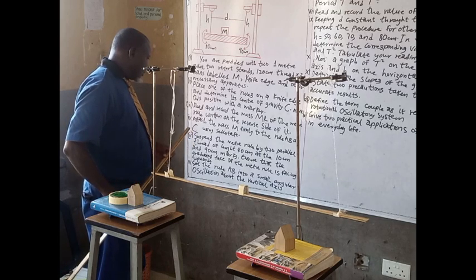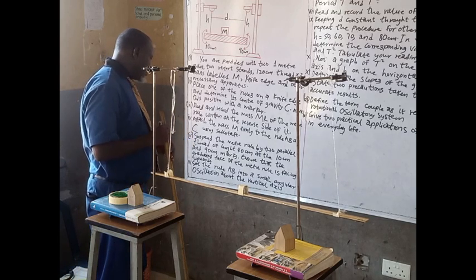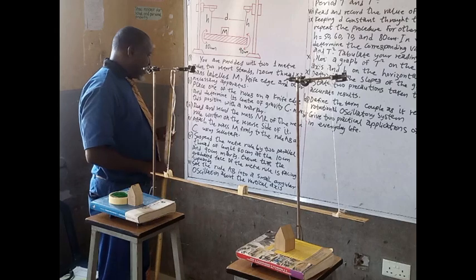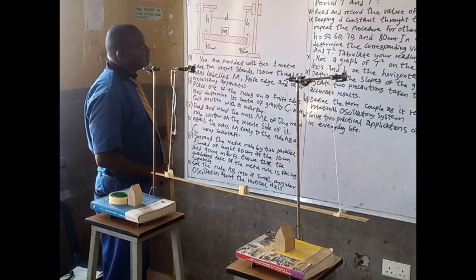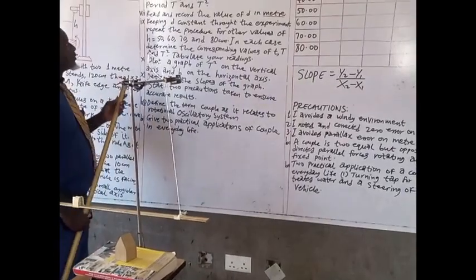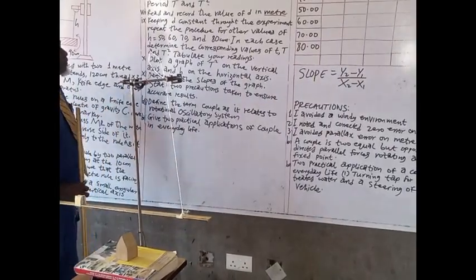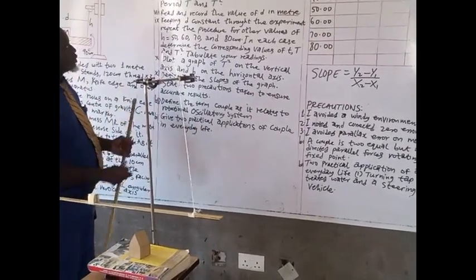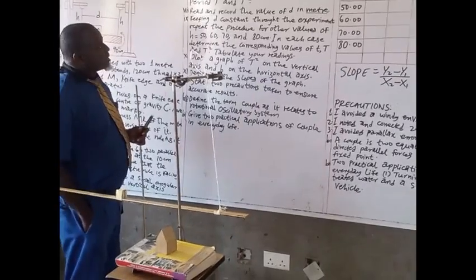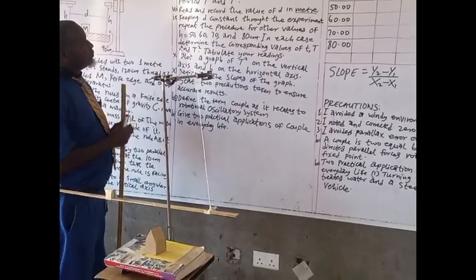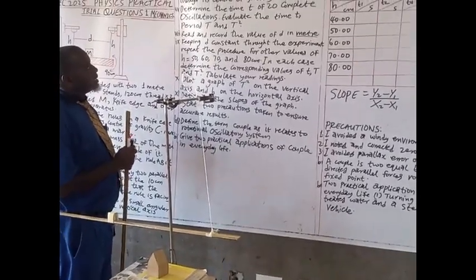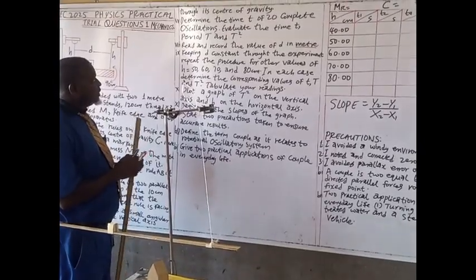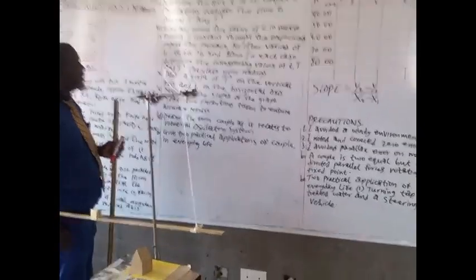6. Set the meter rule AB into a small angular oscillation about the vertical axis through its center of gravity. 7. Determine the time t of 20 complete oscillations. Evaluate time t, period T, and T squared. Read and record. 8.